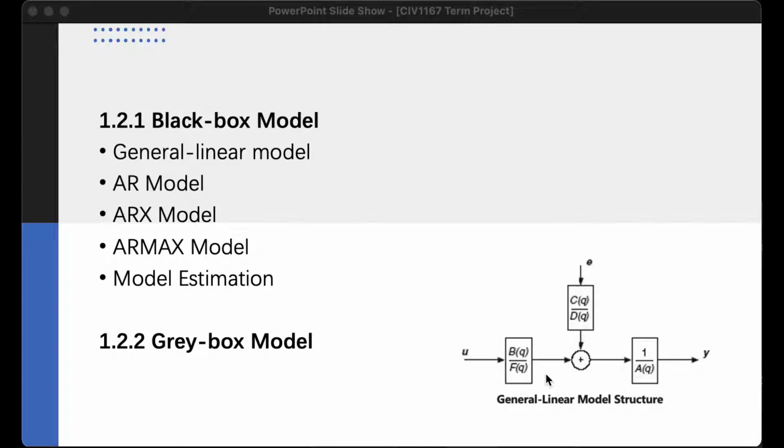AR model. The AR model structure is a process model used in the generation of models where output only depends on previous outputs. No system inputs and or disturbance are used in the modeling.